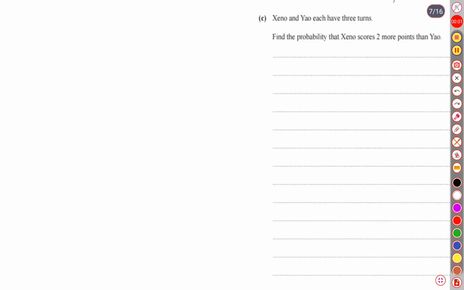Question number C says Zeno and Yao each have three turns. Find the probability that Zeno scores two more points than Yao. We should not forget that it's no longer a geometric distribution. This is nothing but binomial distribution. How did we understand?